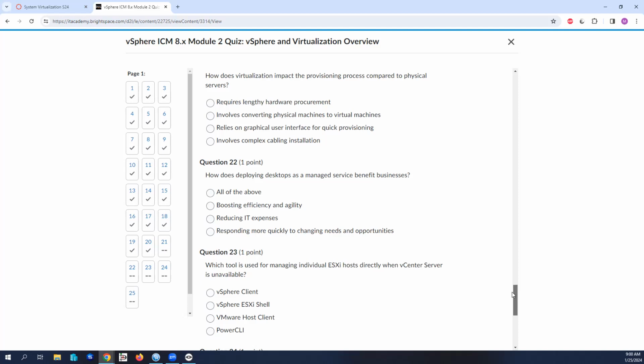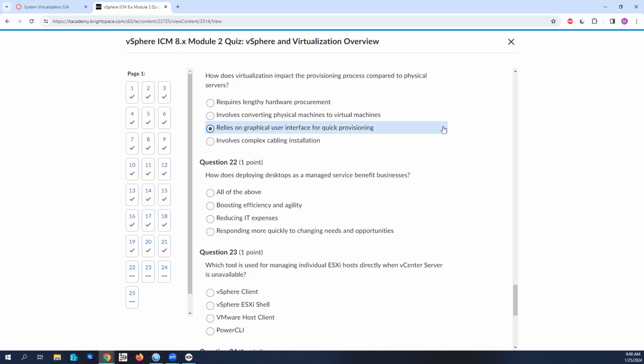What are the other three? Graphical user interface for quick provisioning. That sounds pretty good.